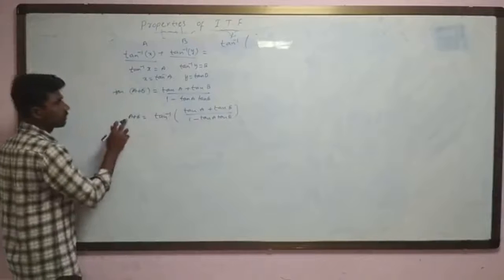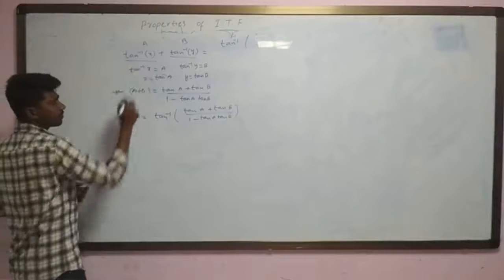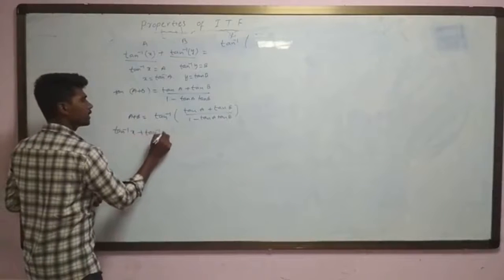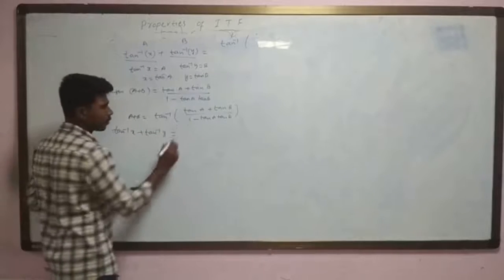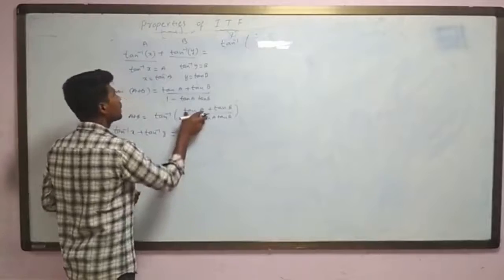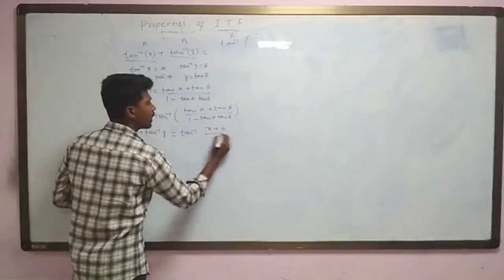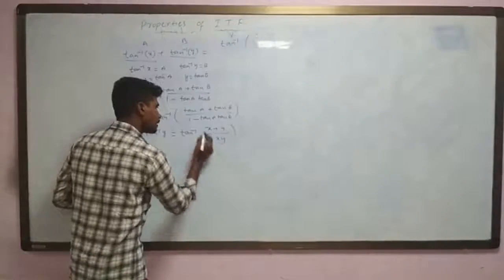Now replace: a can be written as tan inverse x, so tan inverse x plus tan inverse y is equal to tan inverse of, what is tan a? x. So x plus y by 1 minus xy.